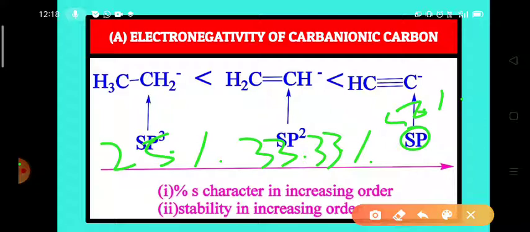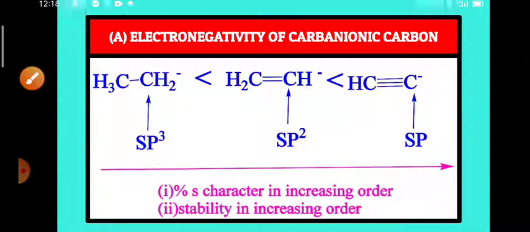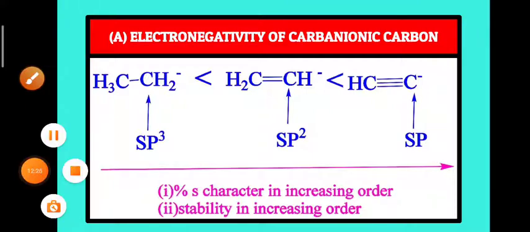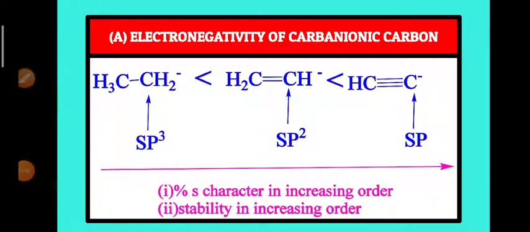As it goes near to the nucleus, its electronegativity increases. So that's why when the percentage of S orbital increases, electronegativity also increases. As a result, what happens? When the negative charge goes near to the nucleus, it will be stabilized. So as the percentage of S character increases, stability also increases.